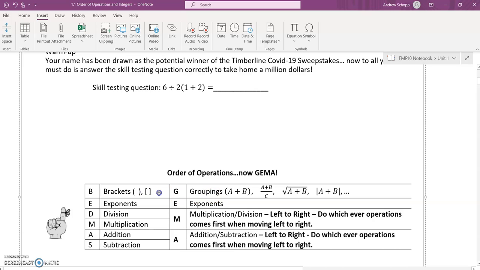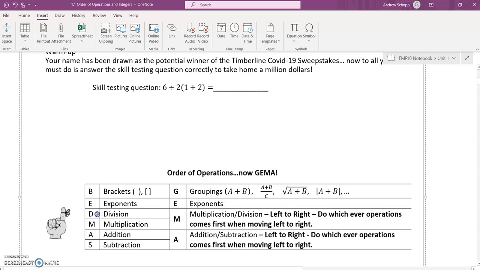One of the alternatives to BEDMAS is GEMA, and for that first reason, it replaces brackets with the idea of groupings, which covers all of the proper pieces instead of just parentheses or brackets. Exponents is the same for both of these acronyms, and then the second difference is under division and multiplication and addition and subtraction.